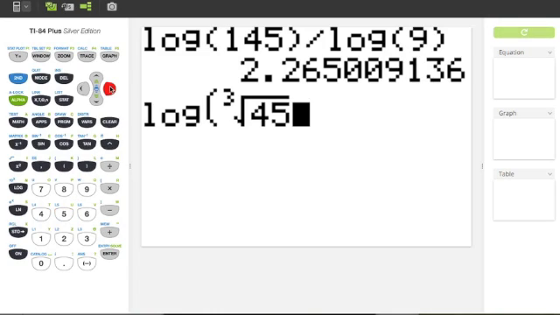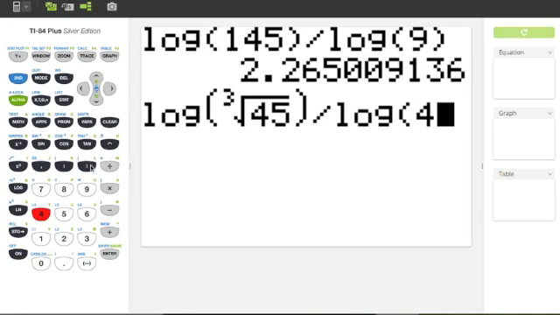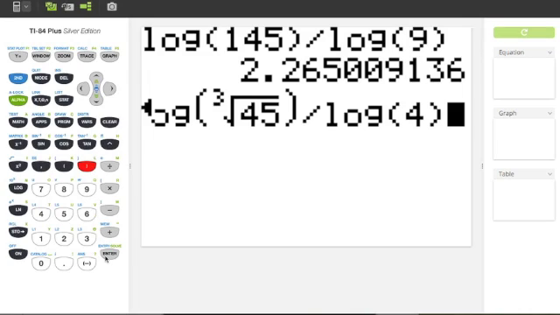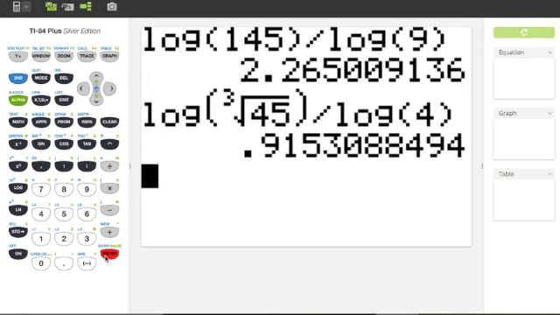And we'll come out of the radical and close it, divided by, it was base 4, so the log of 4. That gives 0.91530, so to 4 decimal places, 0.9153.